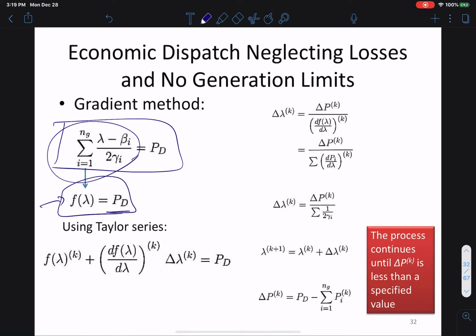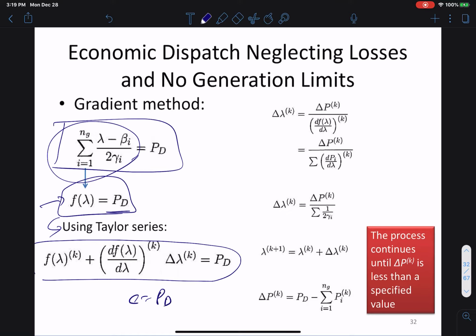That's my equation, right? Now, if I use Taylor series, as you know, I'm going to come up with this. My C is PD now, C is my PD over here. So the delta lambda k would be this equation over here.